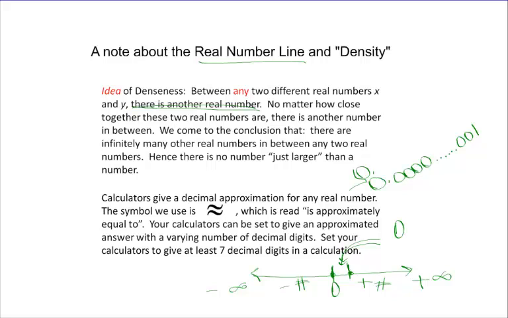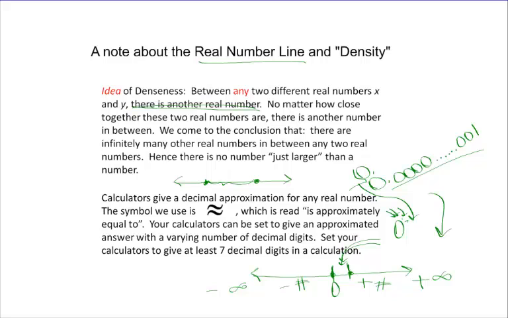And in between 0 and this real number, and then over here this number, in between those two is another real number. And in between those two is another real number. And in between those two is another real number. As a matter of fact, find any 2 points on the real number line. I don't care how close they are to one another.